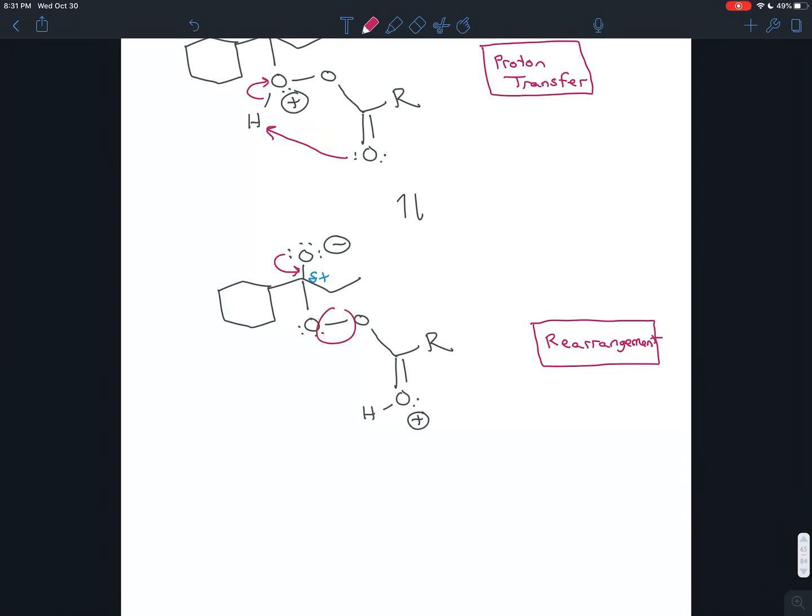Now, this bond between these oxygens in the peroxy acid is very unstable. It's why peroxides in general are so reactive. That bond is so unstable. And compare, single bonds between oxygens are very unstable, unlike single bonds between carbons. It's one of the reasons why carbon is the basis of life. It can form stable bonds to itself. And so we see a contrast in that with this oxygen. This bond is going to break.